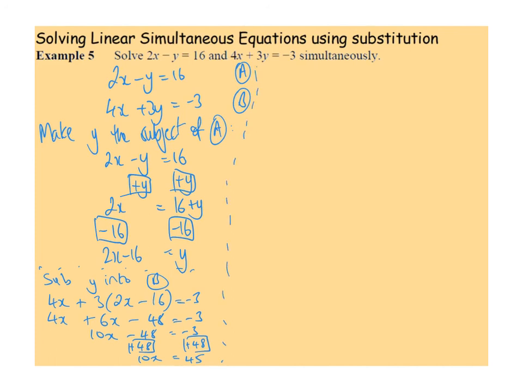I'm just going to do what I normally do when I have to start in a new section and just rewrite my last line. Don't know why I'm dividing by 2. Let's try again. Divide by 10. Which gets me x equals 45 tenths, which is 9 halves.